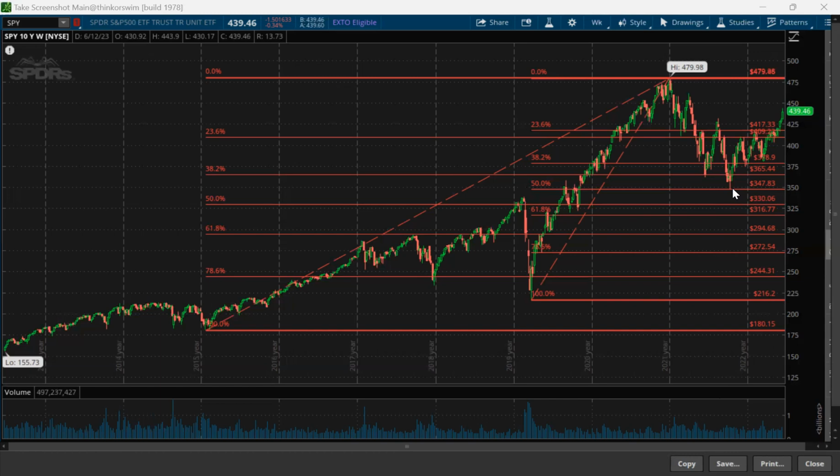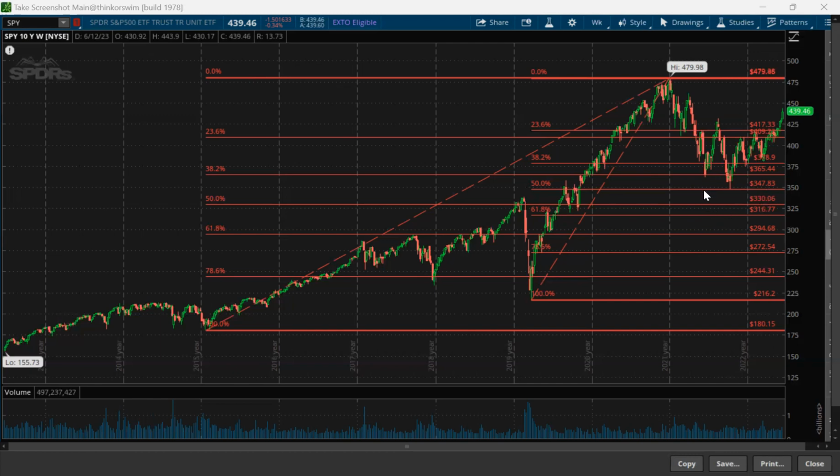All right. And what is interesting here is that it is such a strong floor because that's the 50% retracement that I was stating for many months now, that the two floors to look at for the S&P 500, if you're buying SPY as the index, the ETF, was 347 and 330. All right.